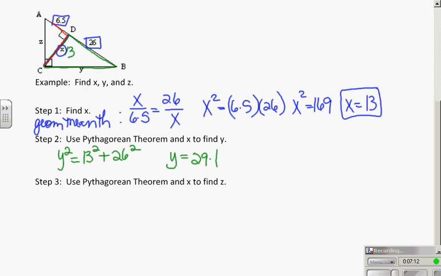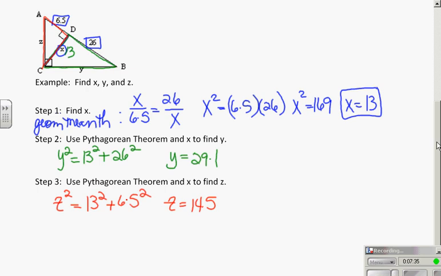And then if I turn around and I use 13 with the other triangle in a completely separate problem, I end up with z squared is equal to 13 squared plus 6.5 squared. And when you square those, add them, square root it, z ends up being 14.5.